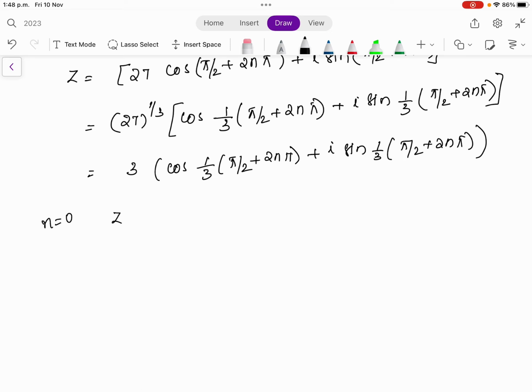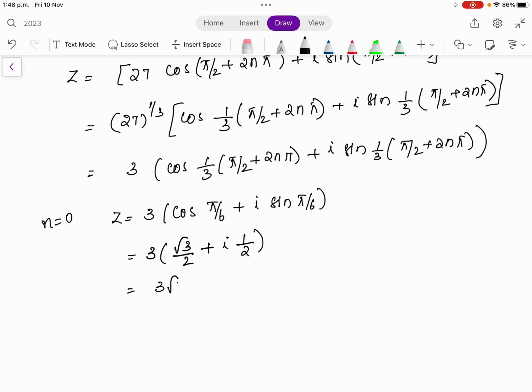When n is equal to 0, z will be equal to 3 [cos pi/6 + i sin pi/6]. That is equal to 3 [root 3 over 2 + i times 1/2], which is equal to 3 root 3 over 2 + 3/2 i. That is the first root.